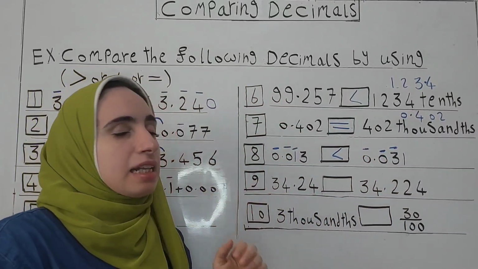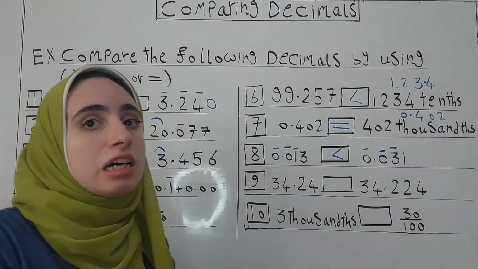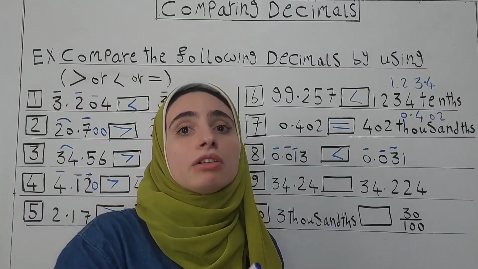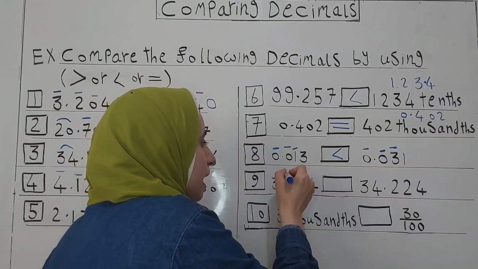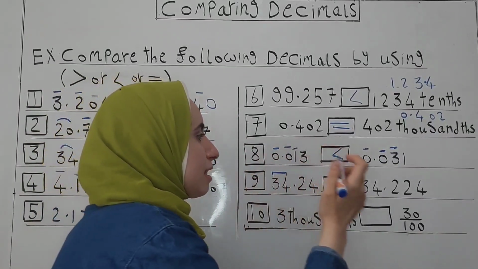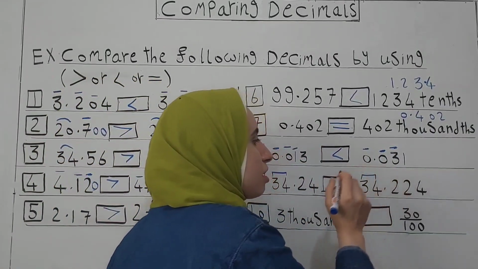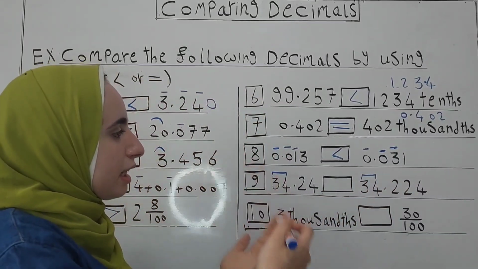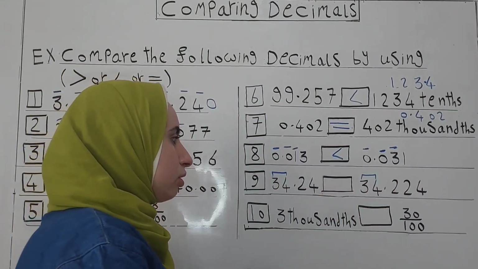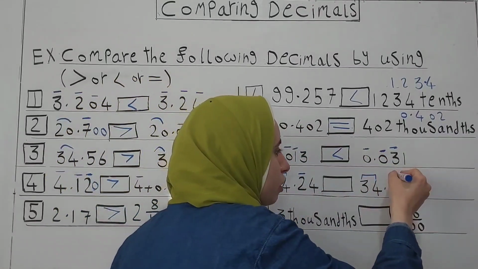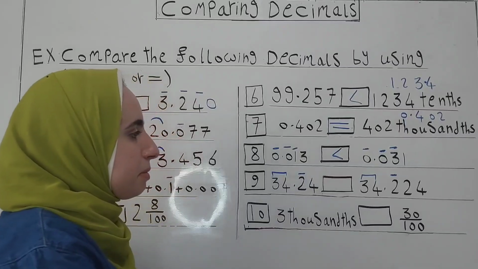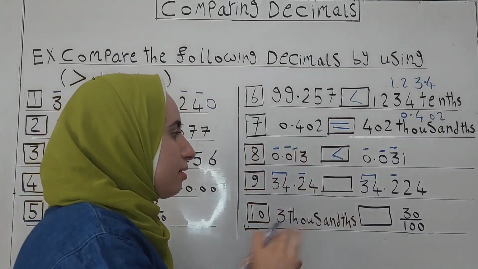Number 9. At first we put our eyes on the left, on the integral part, then make a comparison. The first number has 34 and the second number also has 34. Go to the next digit. In the decimal part we have the digit 2, and we have the digit 2 in the second number. They are the same. Go to the next digit.